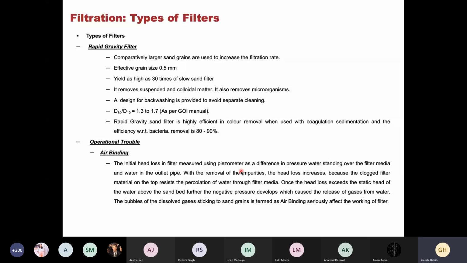The voids will become smaller in size, and after some time there is an increase in head loss, and that head loss will become very high after continuous operation of the filter. And once this head loss is high, there would be a chance of negative pressure, not the positive but negative pressure, which may cause the release of the gases from the water.